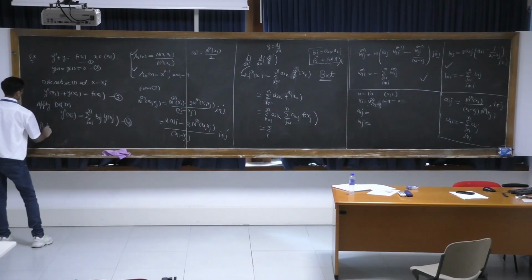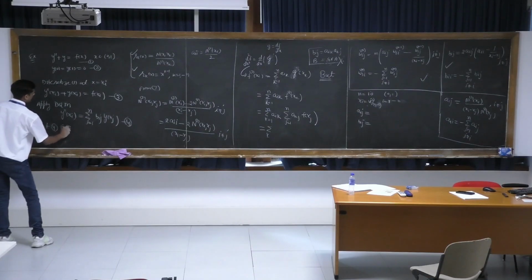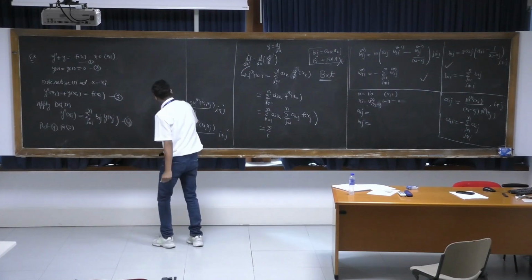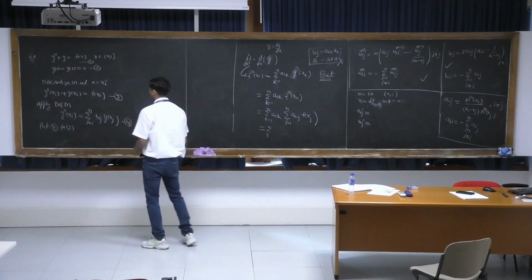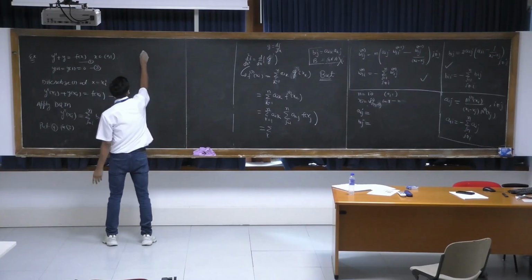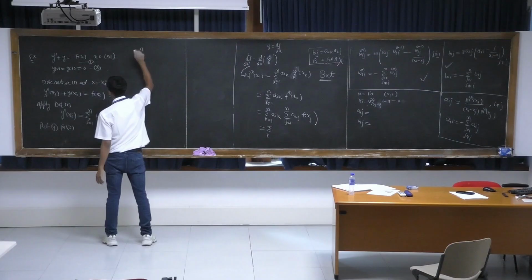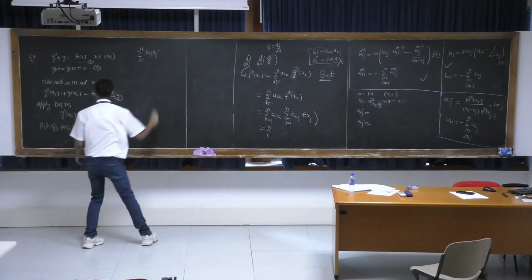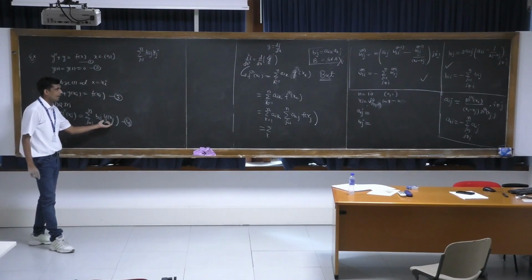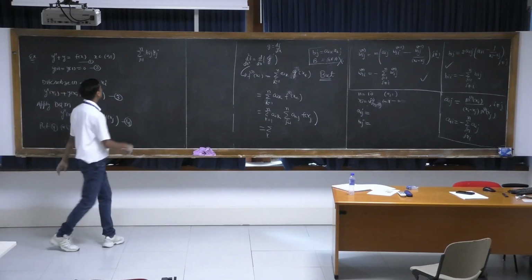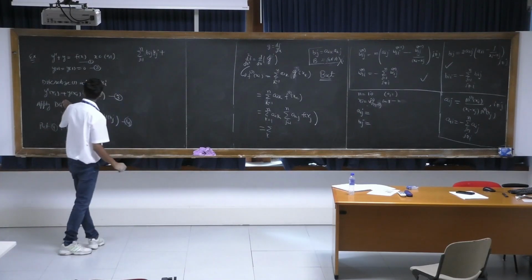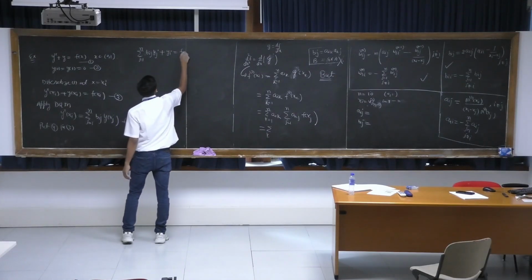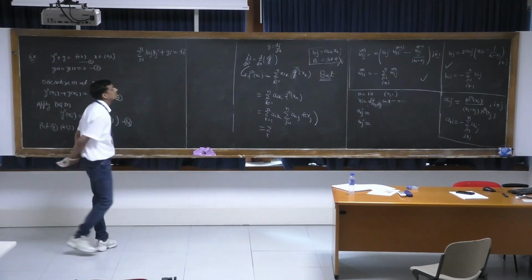Put 4 in 3, so we get summation j is equal to 1 to n of bij yj. For simplicity I am writing y of xj as yj, and plus yi, so this is equal to fi.